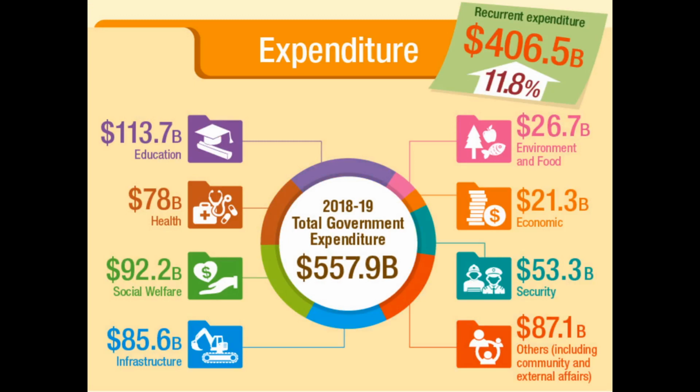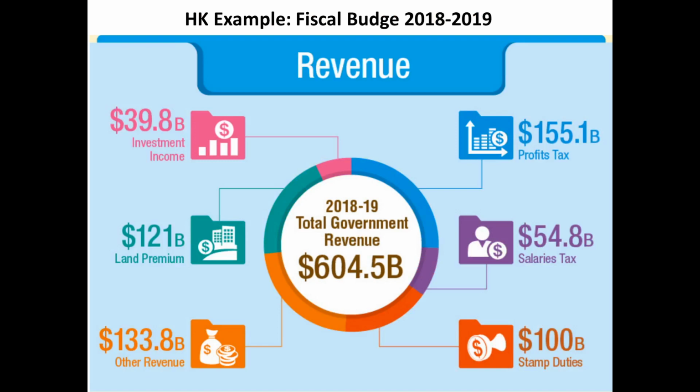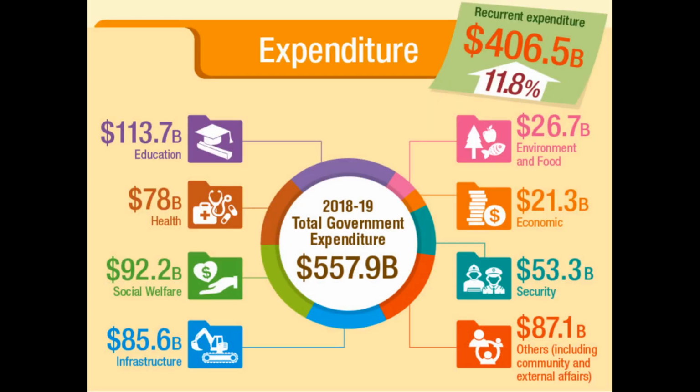But when you look at expenditure right here, I think you all have a very good understanding of what they are going to spend on after they earn that much money. Like education, health, social welfare, infrastructure, you name it. So they are going to spend the money that they earn back to the society.